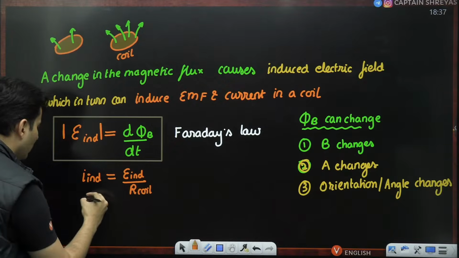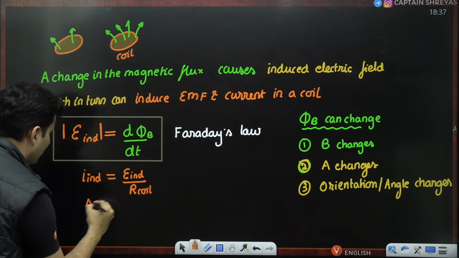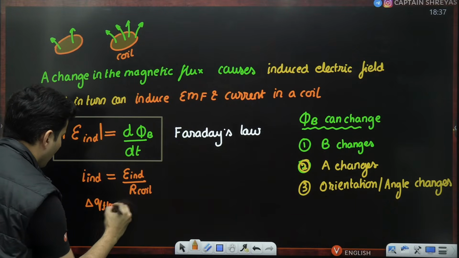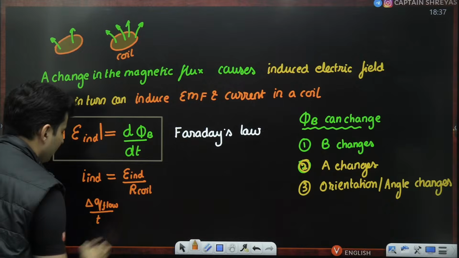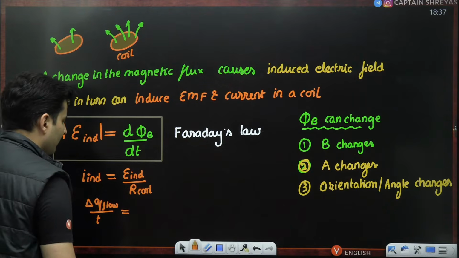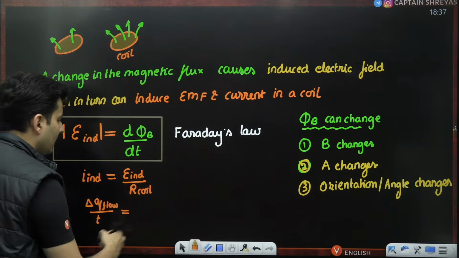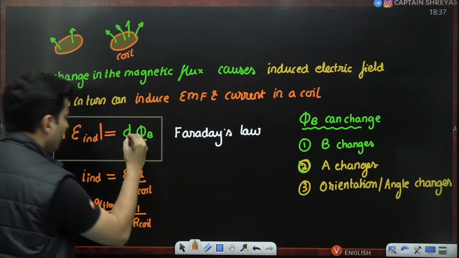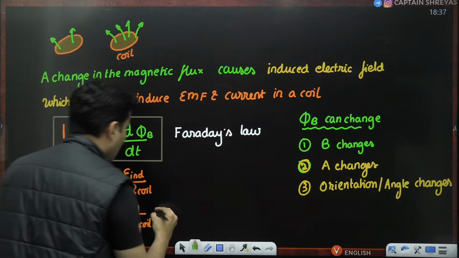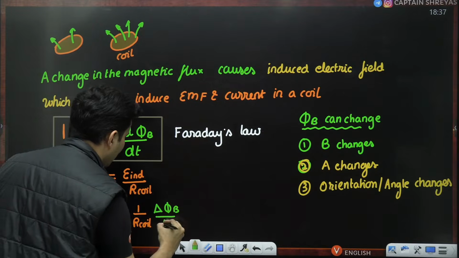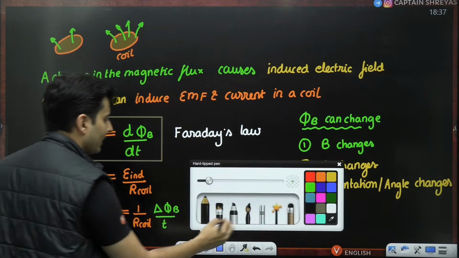You can also do one thing: induced current, you can also write it as how much ever charge will flow upon that particular time. And over here, this induced EMF, I can write it as how much ever flux has changed upon the time which it took to change that particular flux.